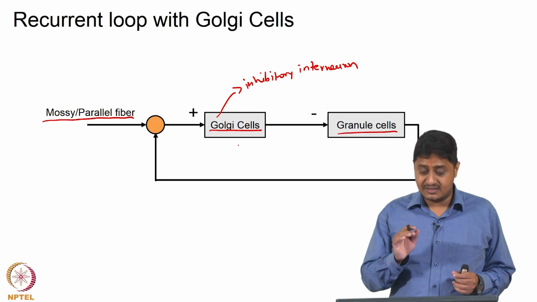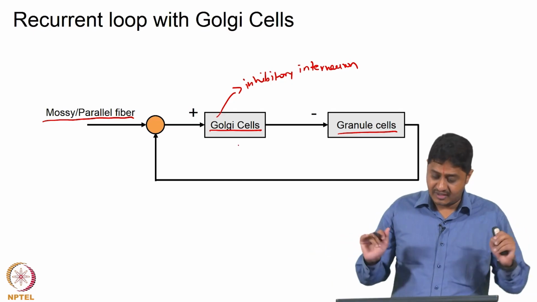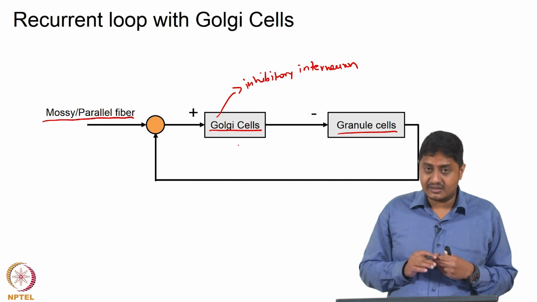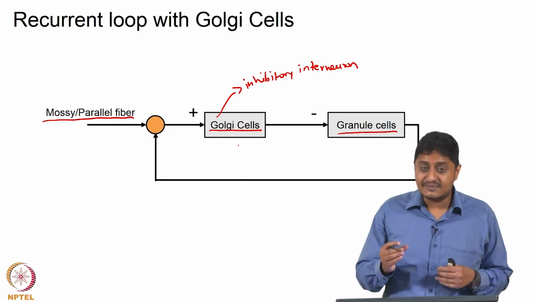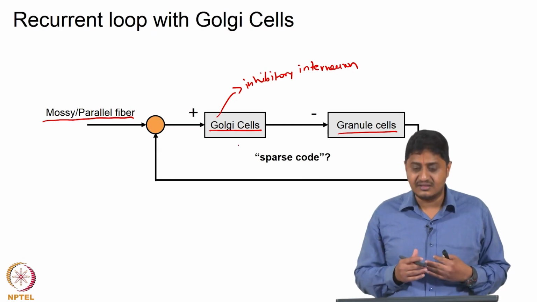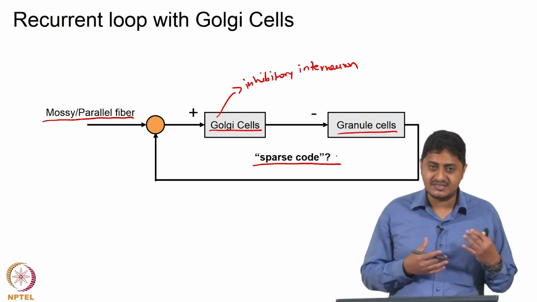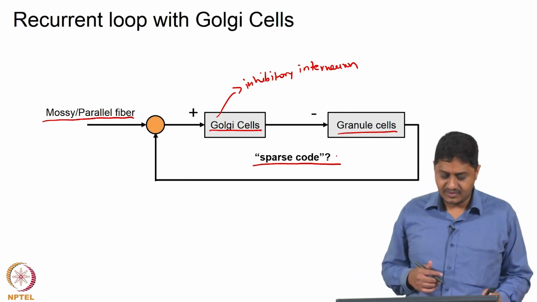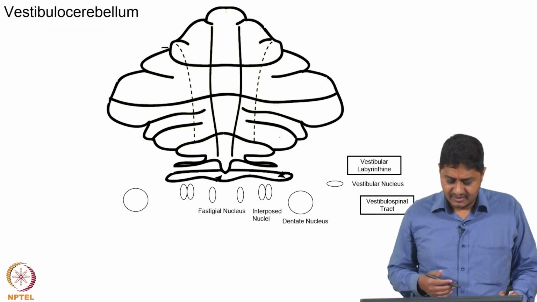In that sense, an interesting hypothesis is that the Golgi cells are keeping a large number of granule cells silent, so that whenever the granule cells are active, the information communicated by them is more informative. This is helping the cerebellum code information in some form of sparse code, as it could technically be called in engineering parlance. Yes, probably. This is an interesting hypothesis, this continues to be researched actively.